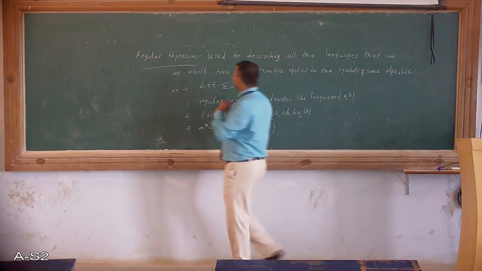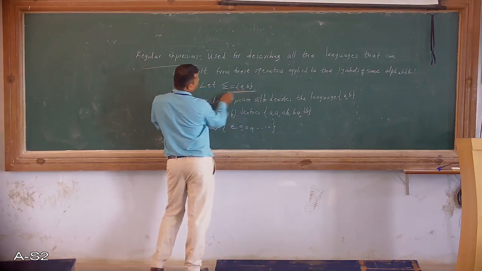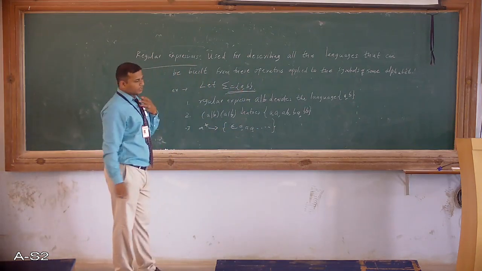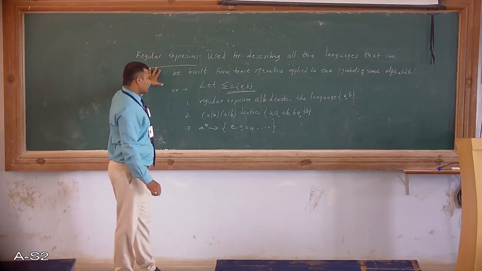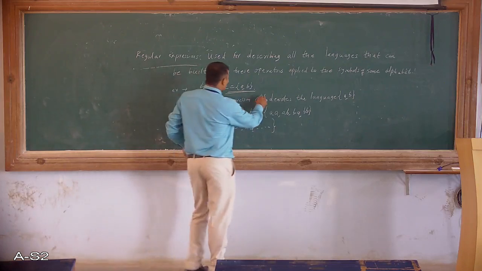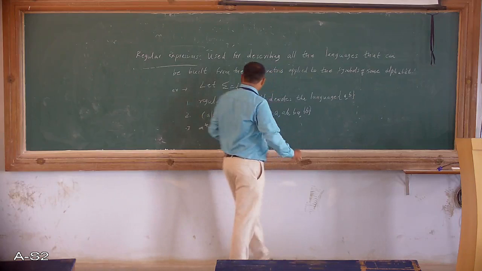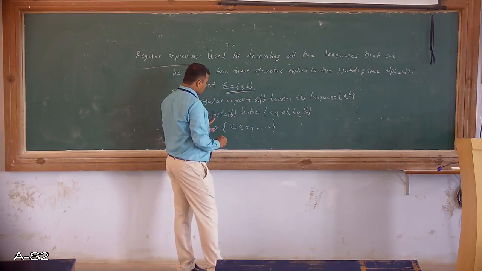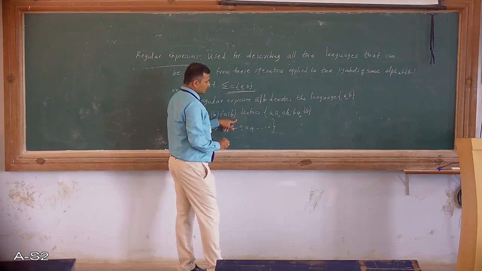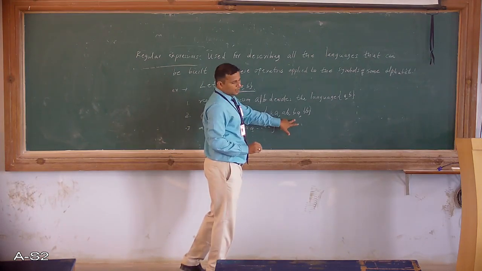As you are aware, a regular expression is for describing a language. For example, the regular expression a or b denotes the language {a, b}. Similarly, the regular expression (a or b)(a or b) denotes the language aa, ab, ba or bb.